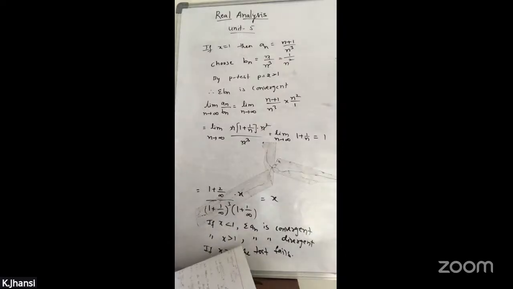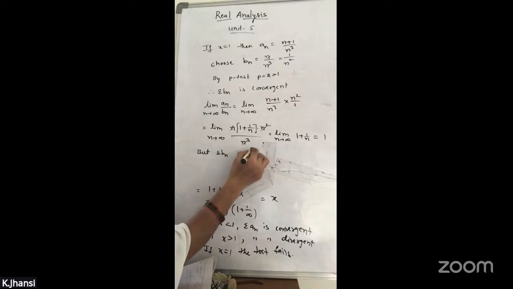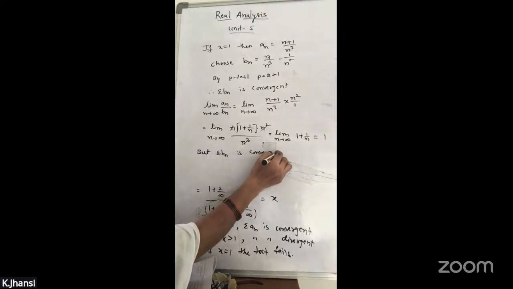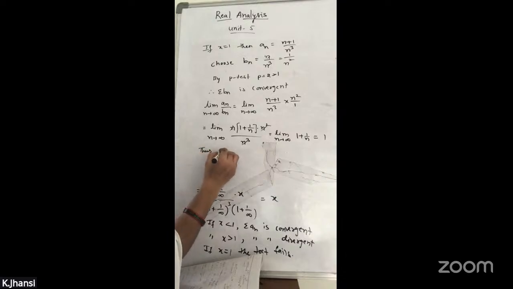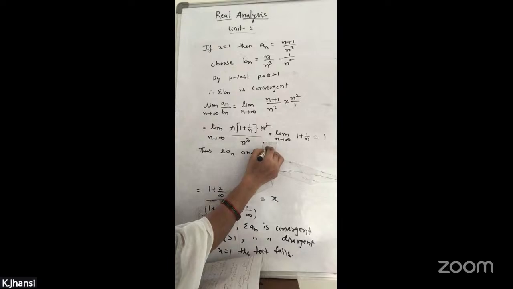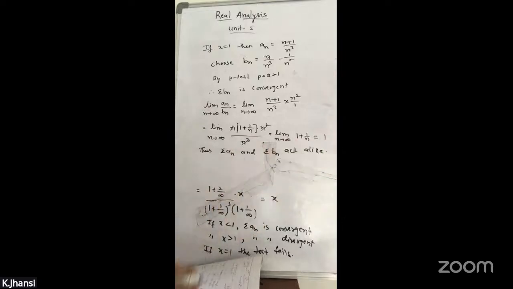So thus, summation an and summation bn act alike. But summation bn is convergent.